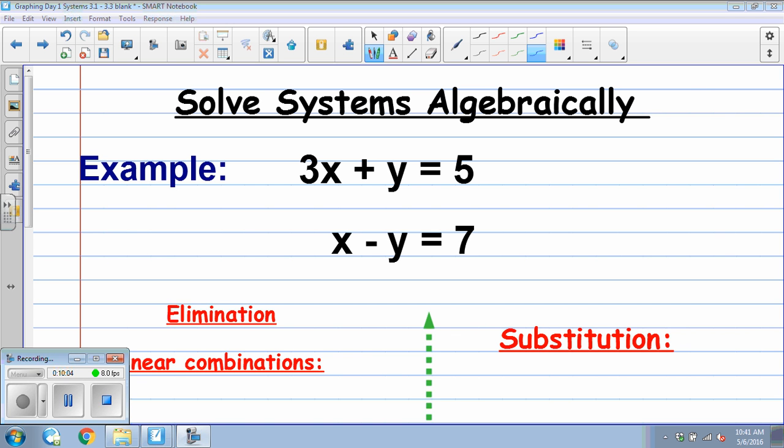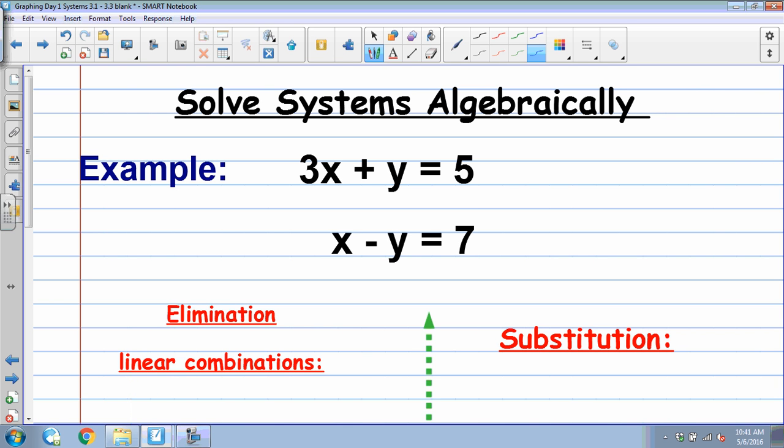Okay? Now, elimination is also sometimes called linear combination. Elimination can only be used if both equations in the system are linear. If one of them is not linear, you can only do substitution. Okay?